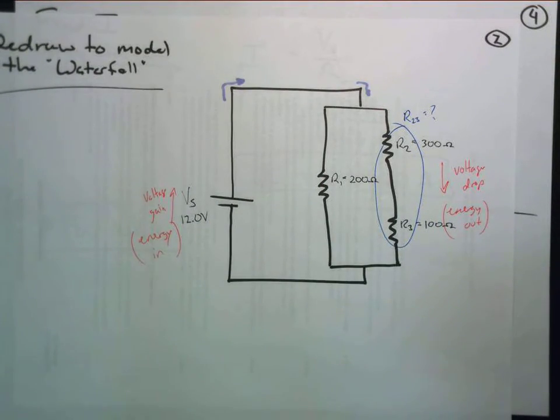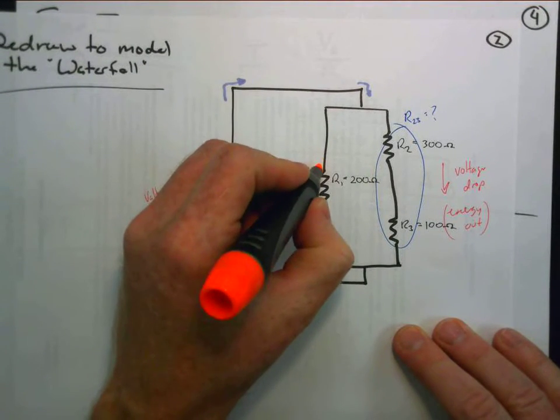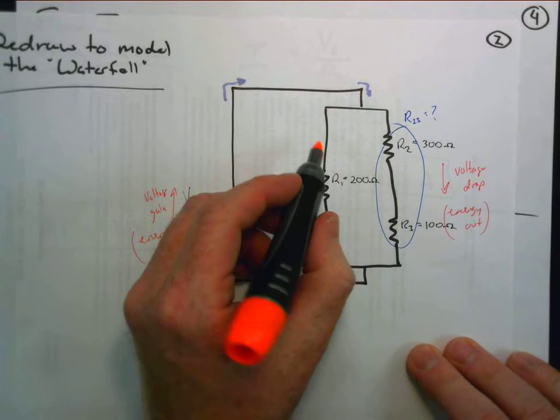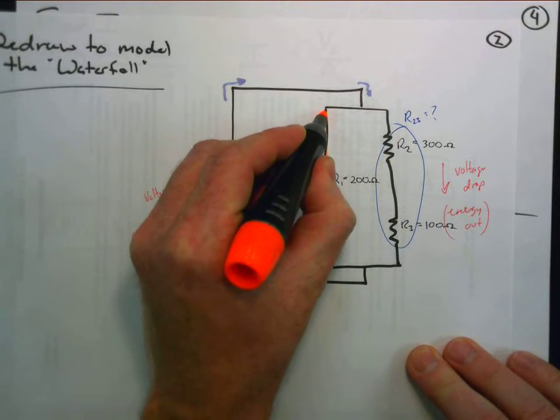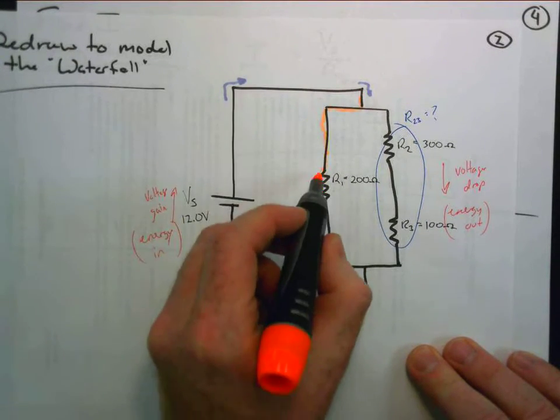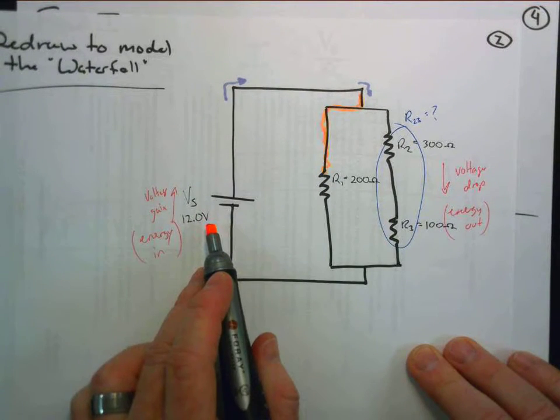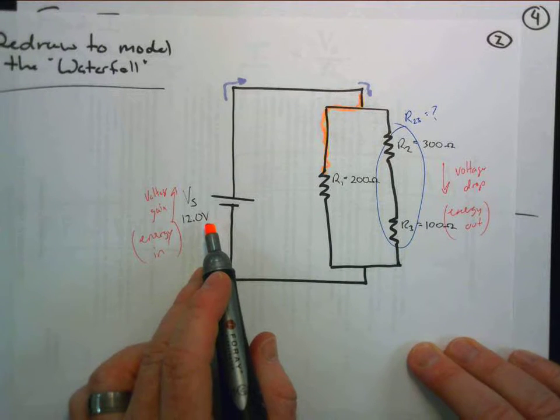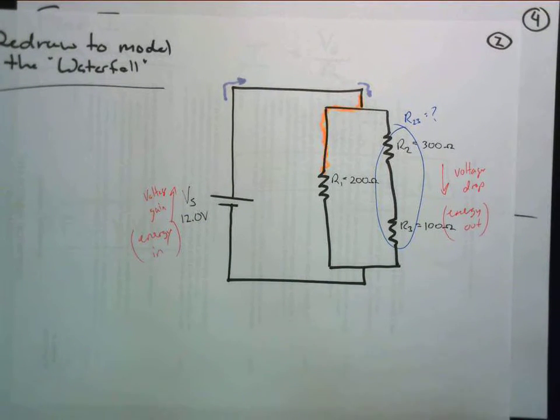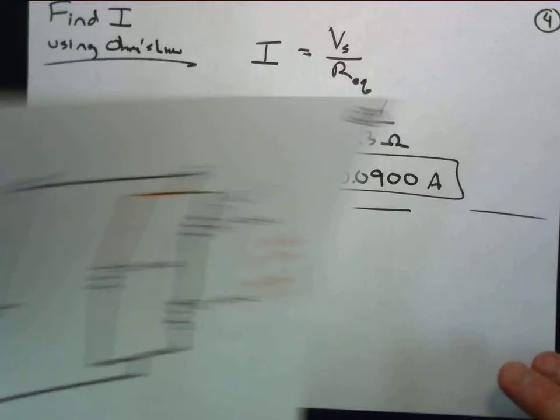As I do this, tracing back from R1, just following it back, you know what I get to before I bump into anything else? I get to the 12 volts, and that's kind of significant. That's going to help me understand what's going on here.